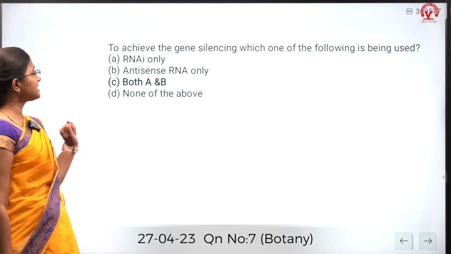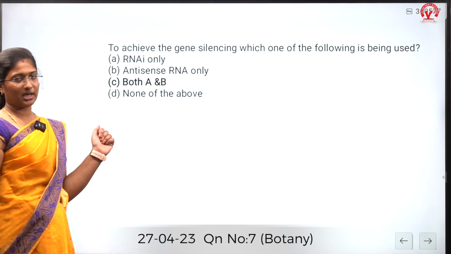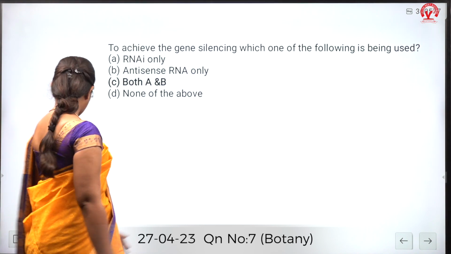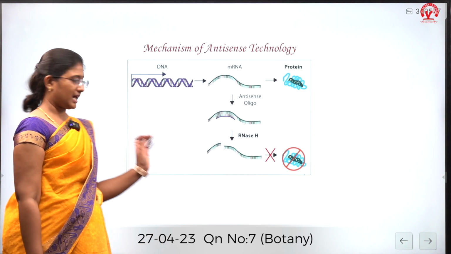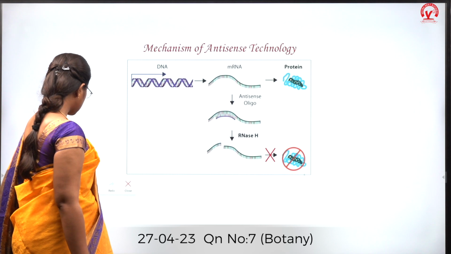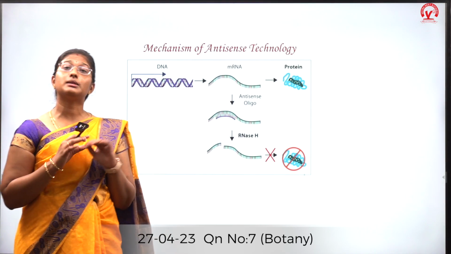To achieve gene silencing, which one of the following is used? RNAi only, antisense RNA only, both A and B, none of the above. Where do we do gene silencing? If we want to silence a particular gene, it means the functional protein from that gene shouldn't be produced.